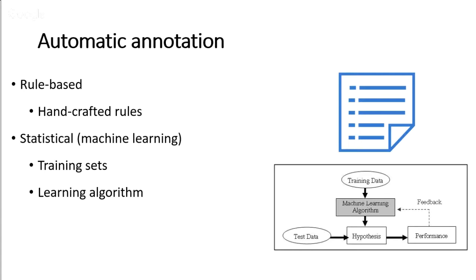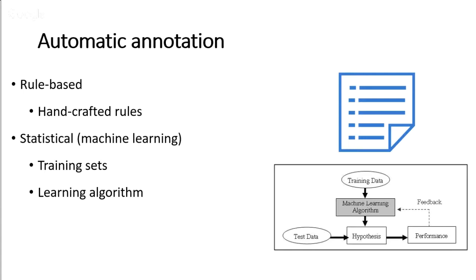So, for example, if we've given the computer text with part-of-speech tags, so labels such as noun and adjective and preposition and verb, etc., then the computer would learn that certain words can only be nouns, other words can be both nouns and verbs, for example, and certain sequences of labels are more frequent than others.